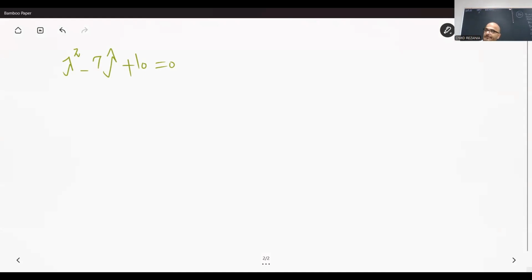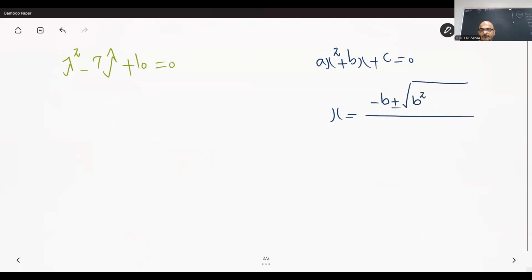If you cannot find these two numbers from high school, I'm just going to write this expression. You remember we said that for the quadratic equation ax squared plus bx plus c equals zero, we find x as minus b plus or minus the square root of b squared minus 4ac, divided by 2a.